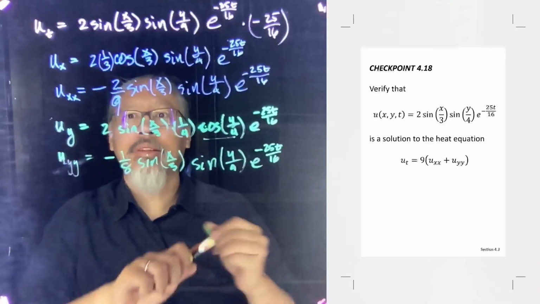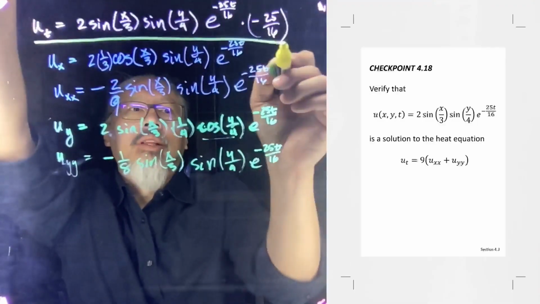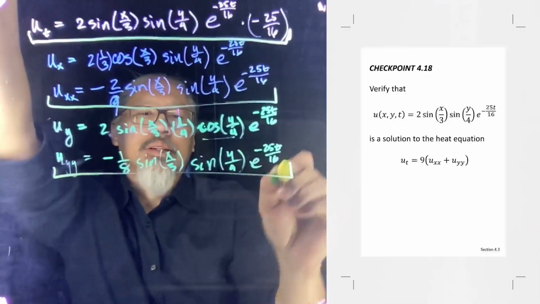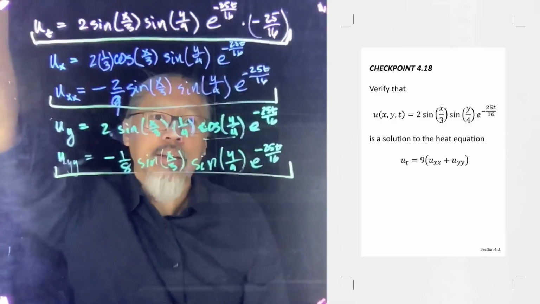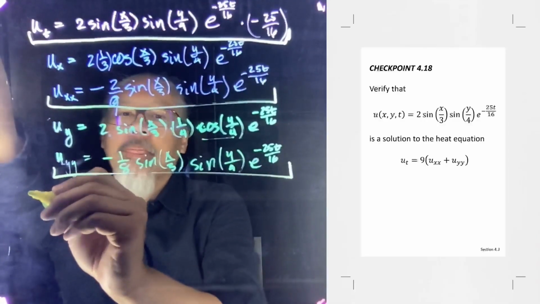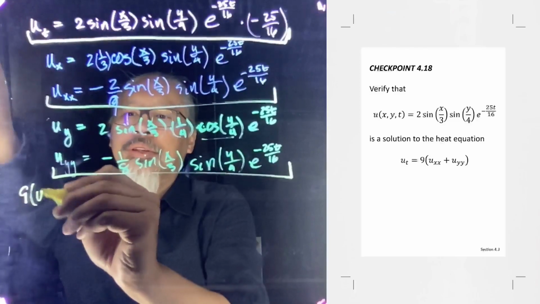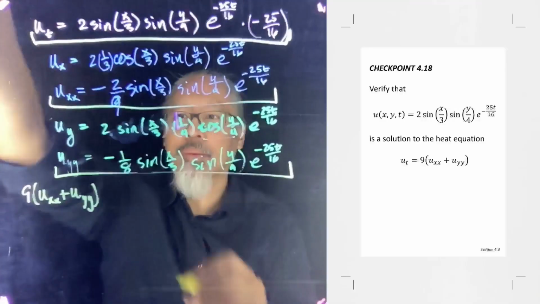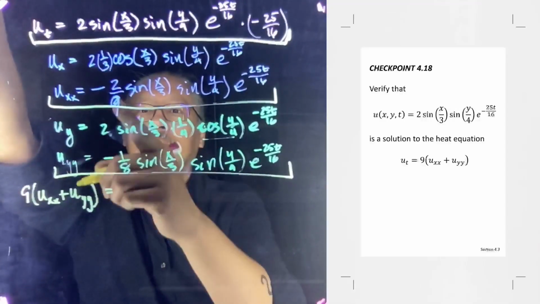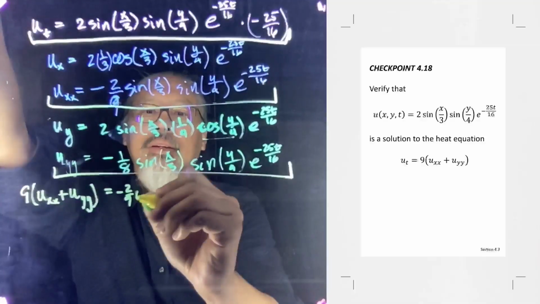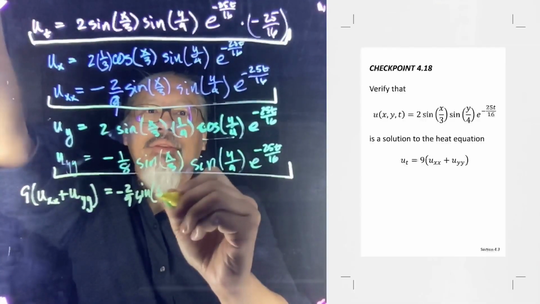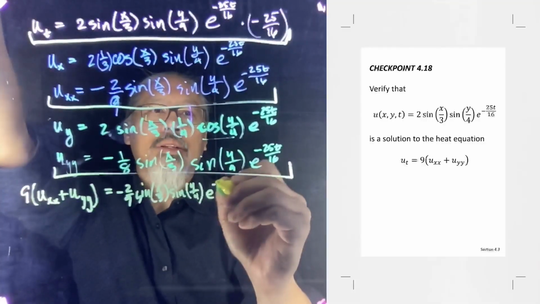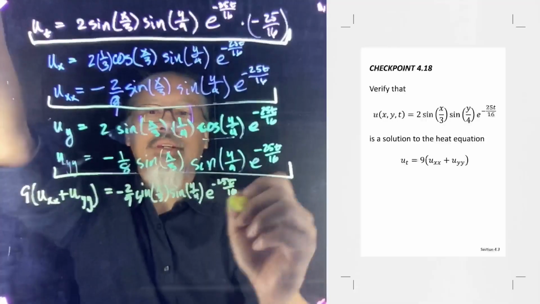Now, to plug it into the equation, this is going to be on the left-hand side, and then we need to add these two and multiply by 9. So let's do this comparison. Let's say 9 times (u_xx plus u_yy), which is what we want. We're adding u_xx, that's negative 2/9 sine x over 3 sine y over 4 e to the negative 25t over 16.